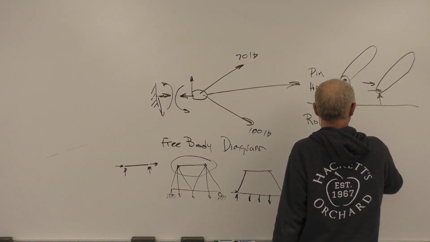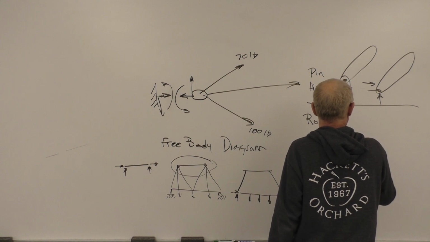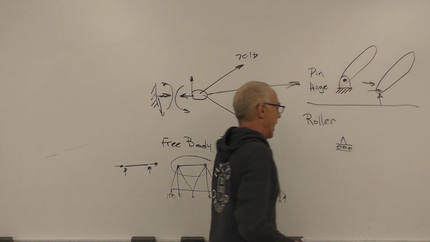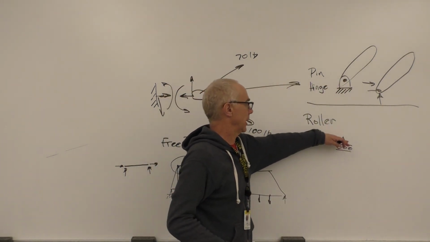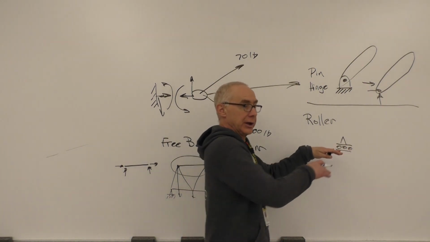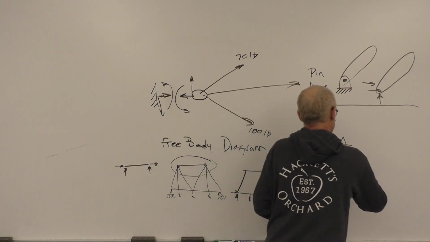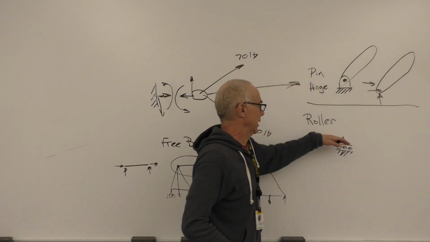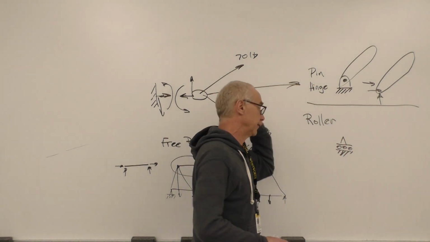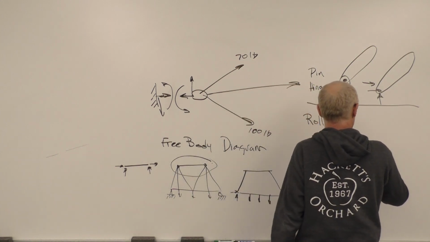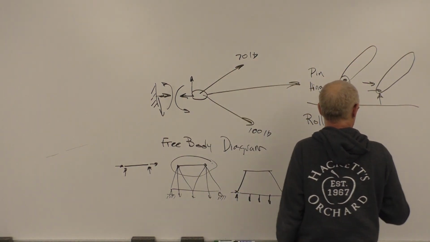Sometimes you'll see it like that, and that would be like a hinge on top of this roller. Think of this as being fixed here, but the hinge itself is allowed to move. The other way you'll see it frequently represented is as a circle like that.